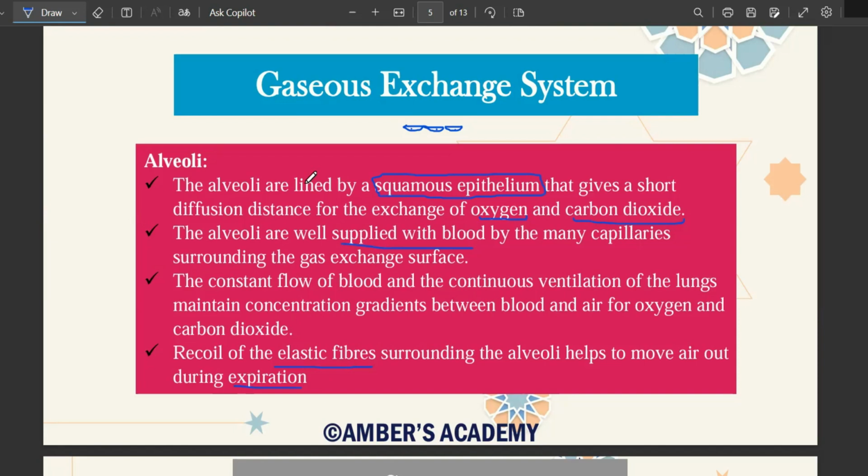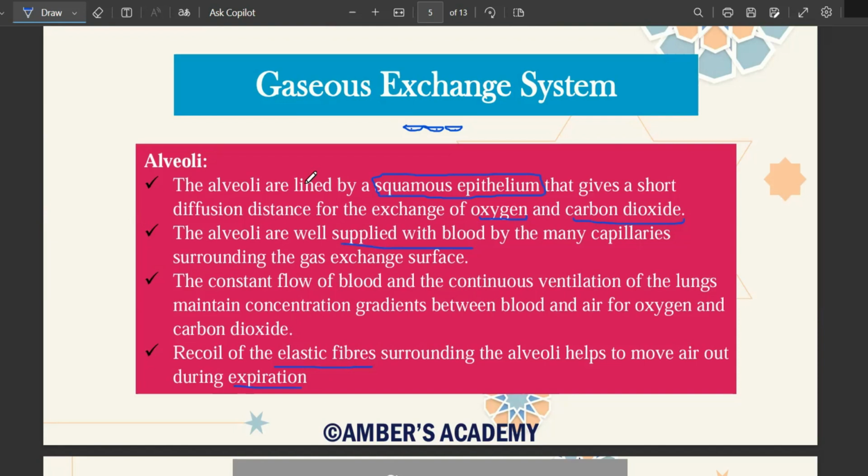You'll mention that it is lined by squamous epithelium, which is essential to give a shorter diffusion distance for effective exchange of oxygen and carbon dioxide. Number one reason. Number two, alveoli are well supplied with blood by many capillaries that surround the gas exchange surface. Number three, you need to mention that alveoli have elastic fibers which surround them.